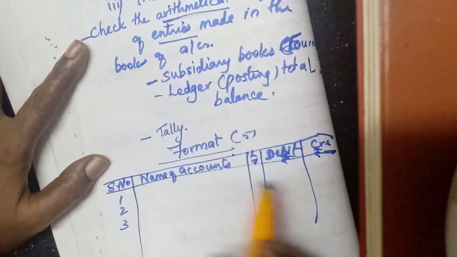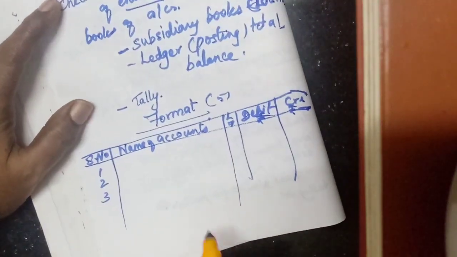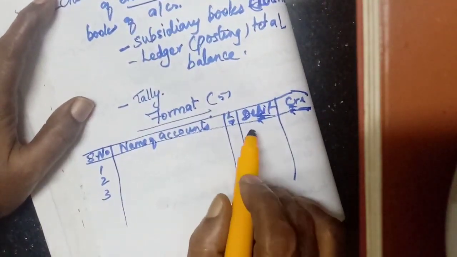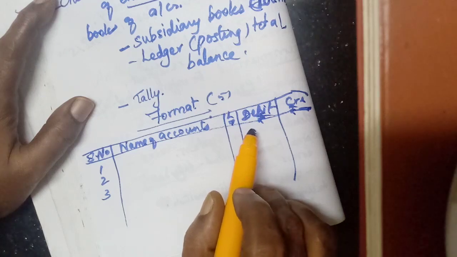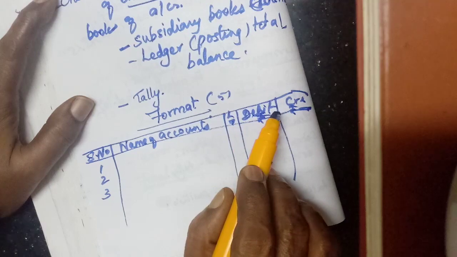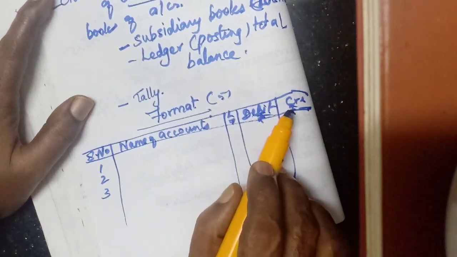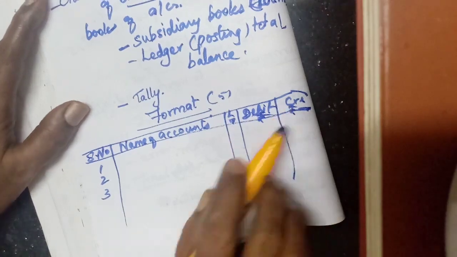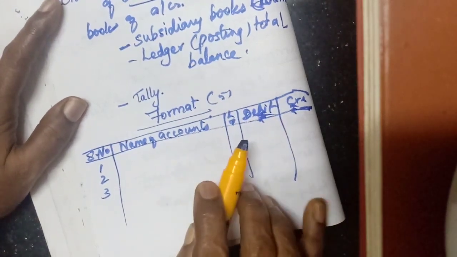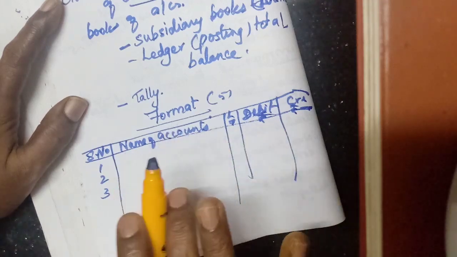This is the format. Here you should remember the double entry system. What is the rule? For every transaction there will be one debit and a corresponding credit. If there is a debit, there will be a corresponding and equal credit for every transaction.